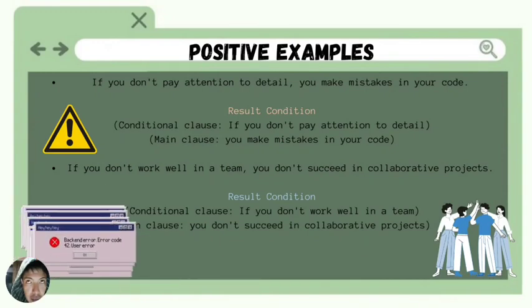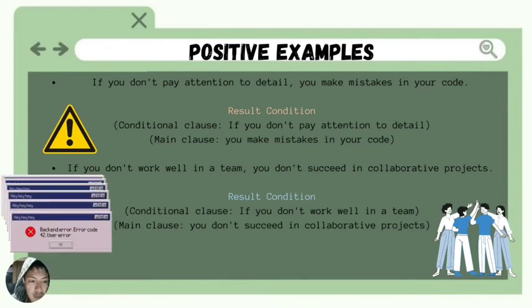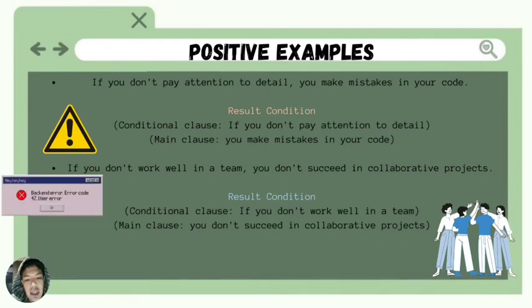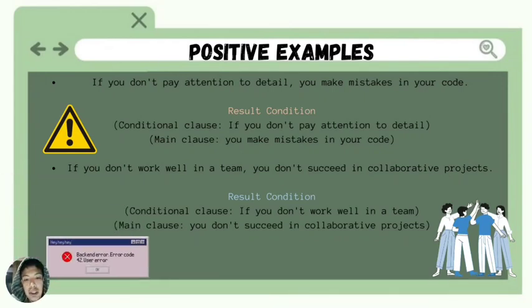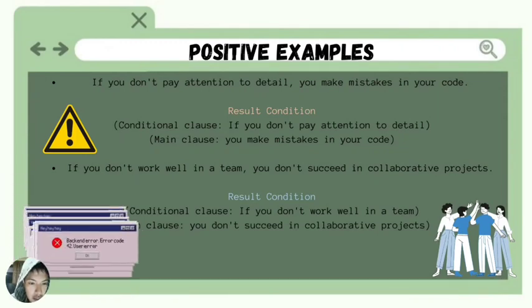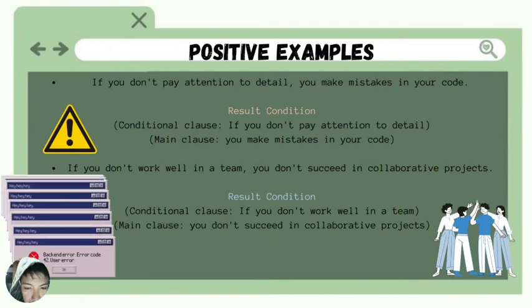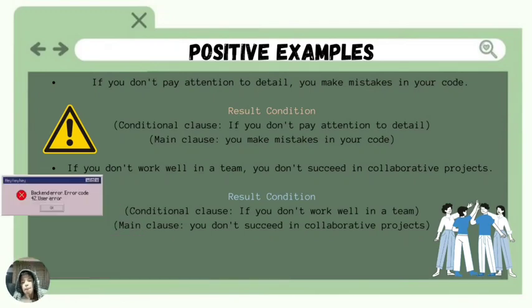Number 4: if you don't work well in a team, you don't succeed in collaborative projects. Result, conditional clause: if you don't work well in a team, main clause, you don't succeed in collaborative projects.